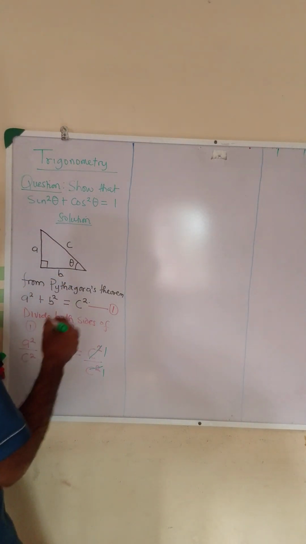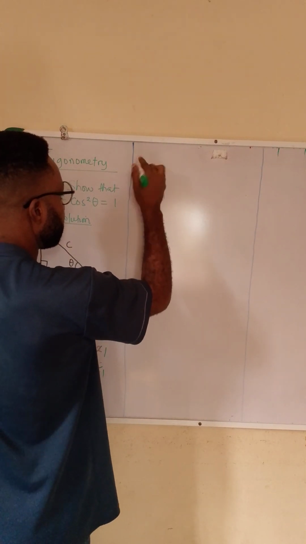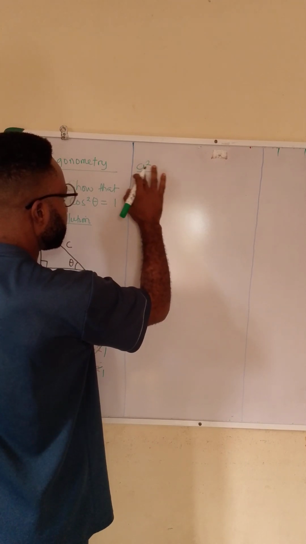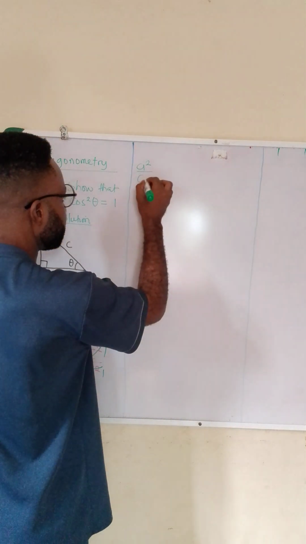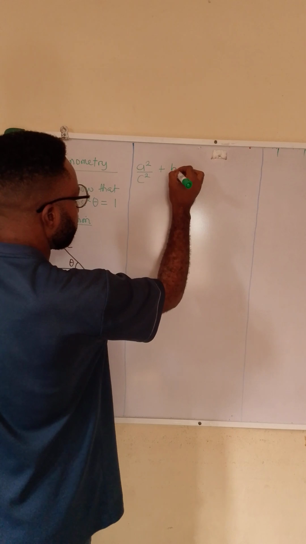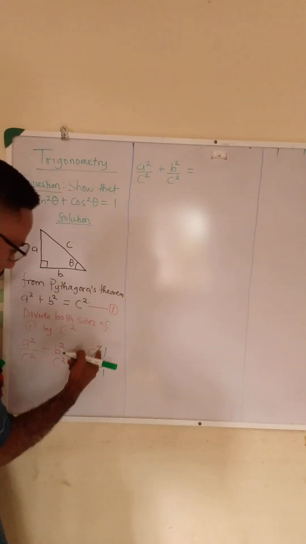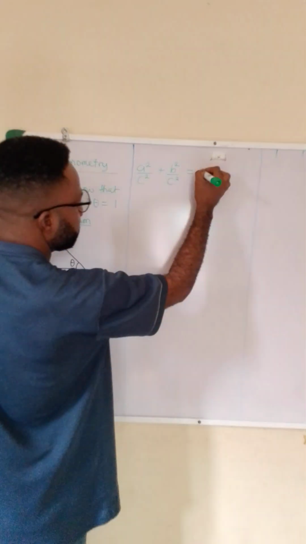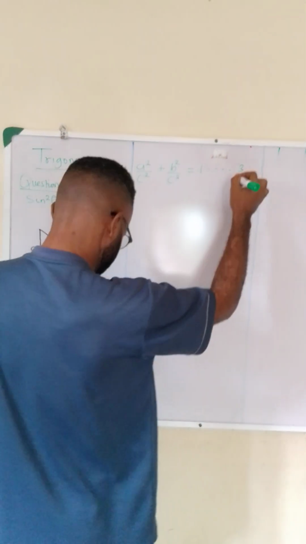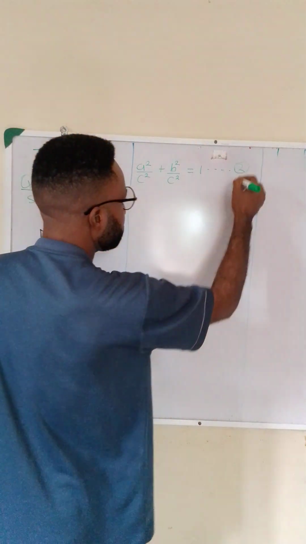So our new equation is going to be A square over C square plus B square over C square equal to 1 divided by 1, which gives us 1. That's the second equation, we can call it equation 2.